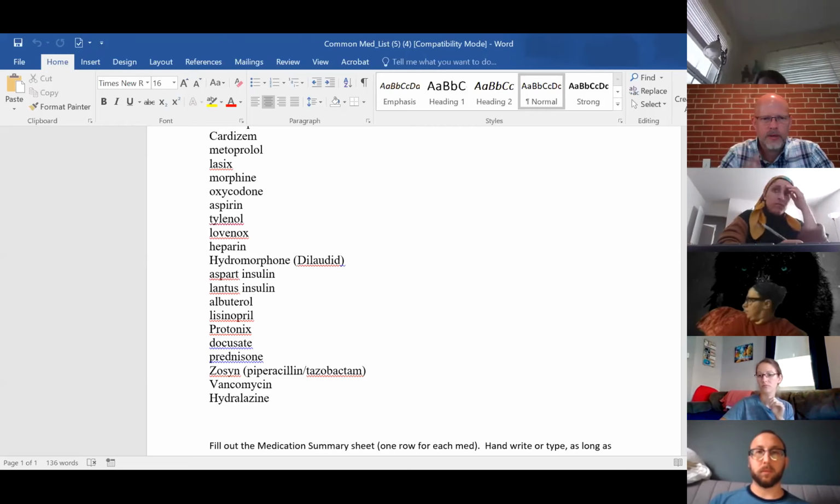Increase it. Good. Doesn't mean I won't give it if the heart rate's up, but I just want to be cognizant of it. It can make your patient feel jittery, anxious, nervous, but it also helps them breathe. So it's typically used as a rescue drug. It can be given via a metered dose inhaler. It could also be given via neb.